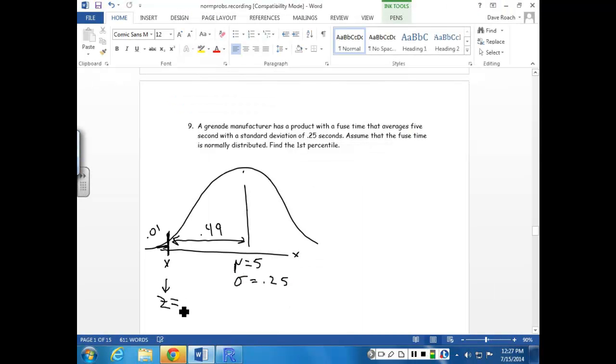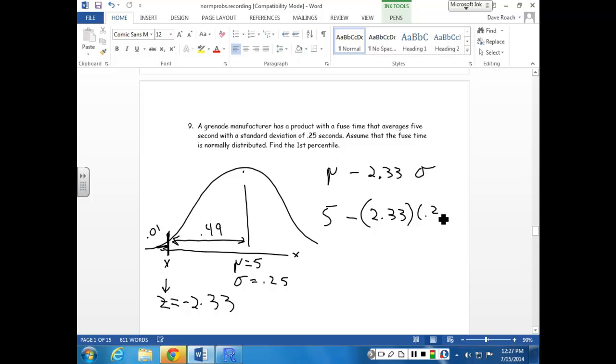So the z is 2.33. And it's really minus because we're below the mean. But you can just say the mean minus 2.33 standard deviations, and that's 5 minus 2.33 times 0.25. What'd you guys get for that? So about 4.42? Okay.